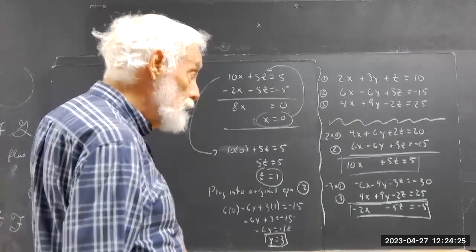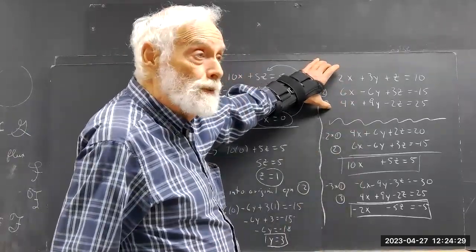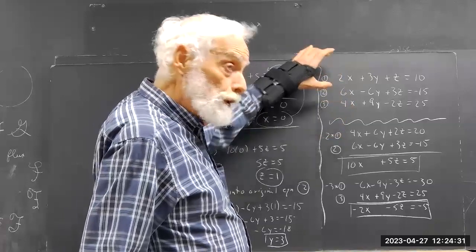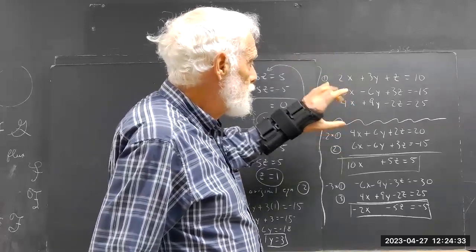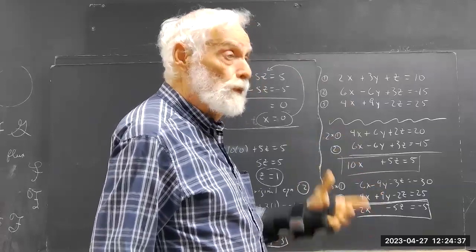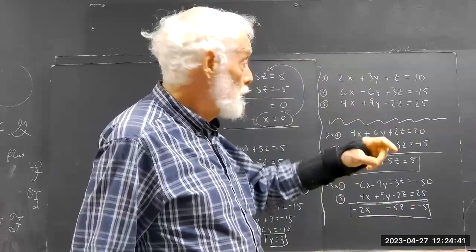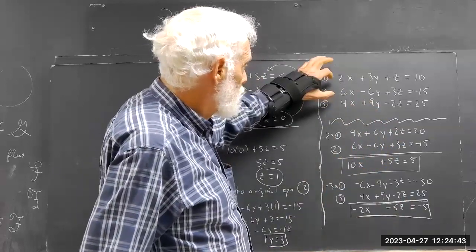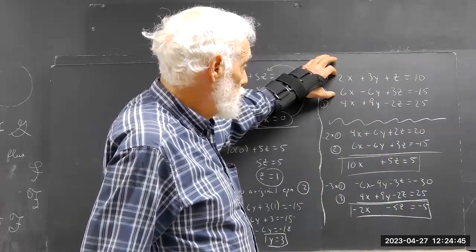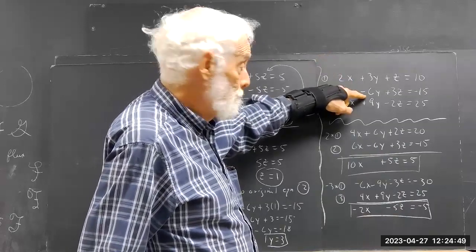Now, what's the process? The process is to reduce the system of 3 equations in 3 unknowns to 2 equations in 2 unknowns. To do that, I have to eliminate one of the variables from 2 different pairs of equations. So I chose equation 1 and equation 2, and I chose to eliminate y.